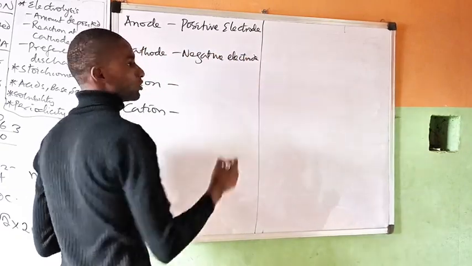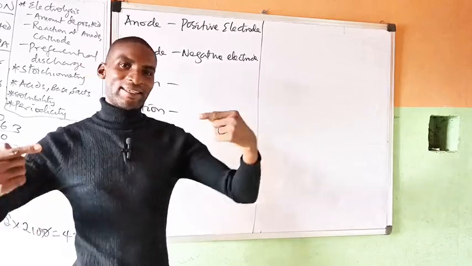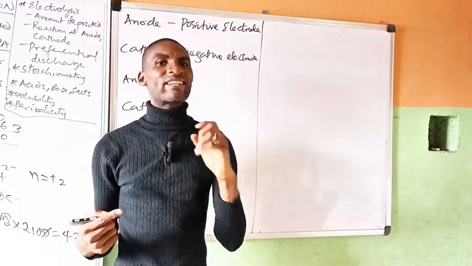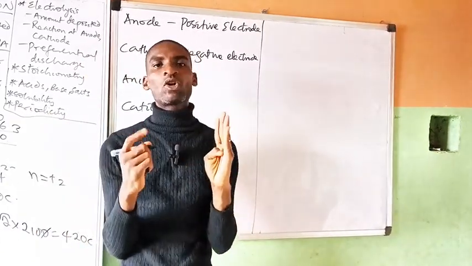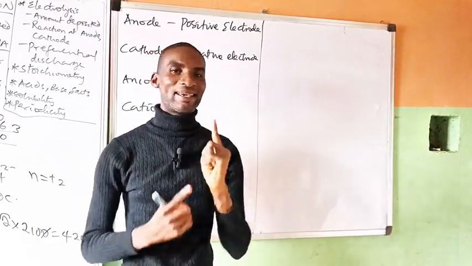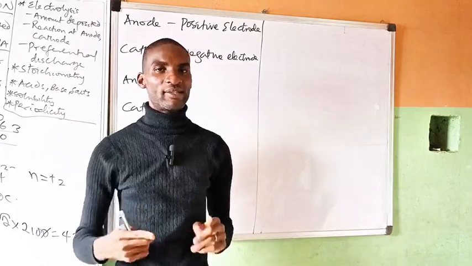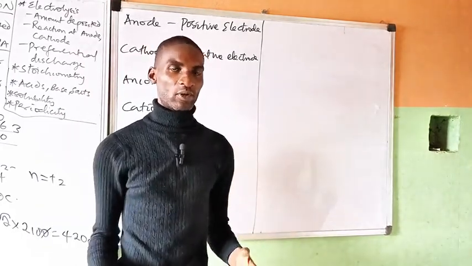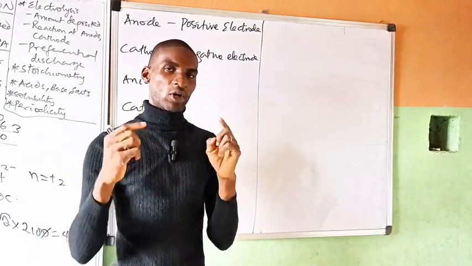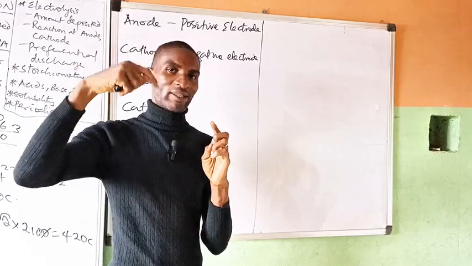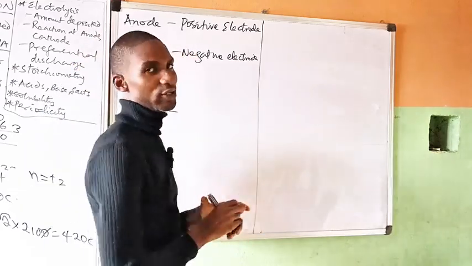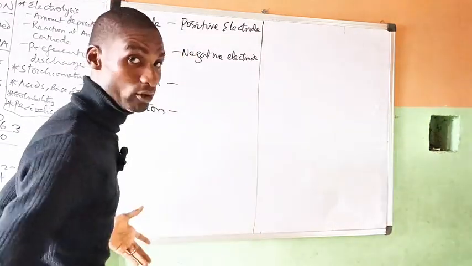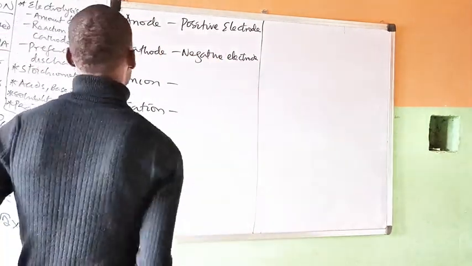And what are electrodes? They are the conductors, metals through which current enters and exits the electrolytic circuit or setup. They are rods or conductors through which current enters and exits the electrolytic cell.